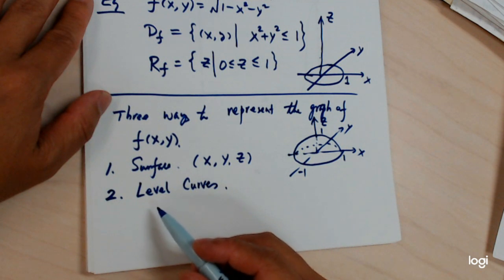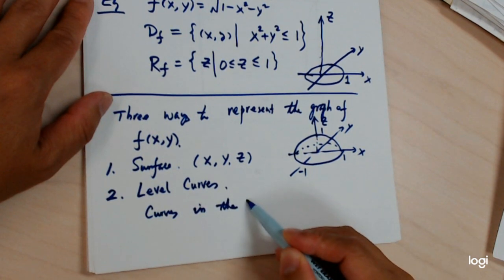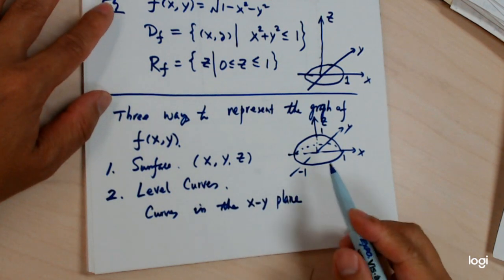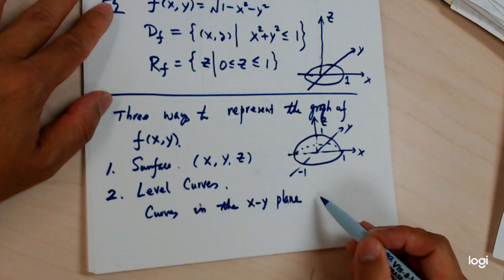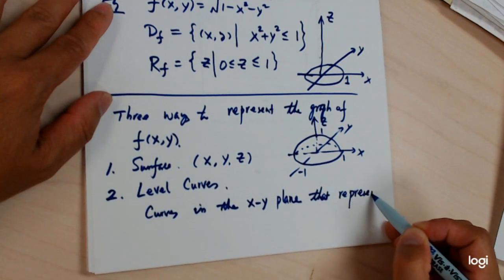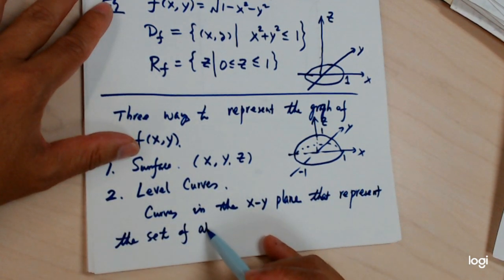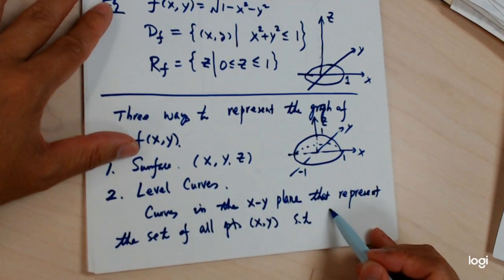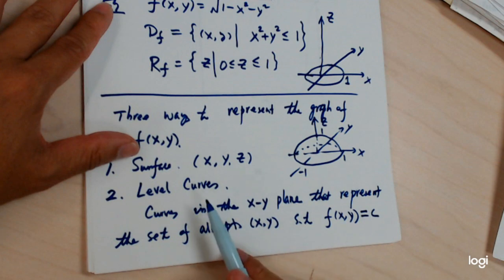The level curves are the curves in the xy plane where the z value remains constant, the set of all points such that the function's value remains constant along those curves. These are the so-called level curves.